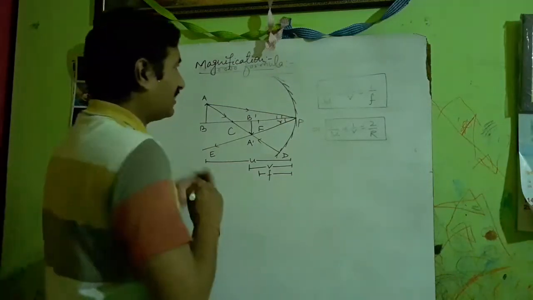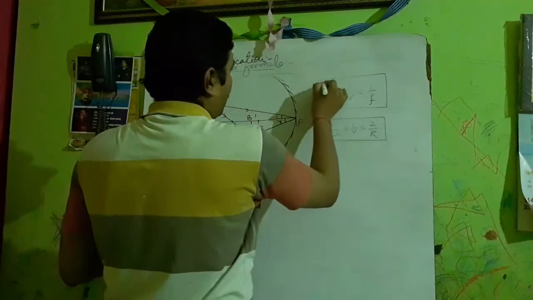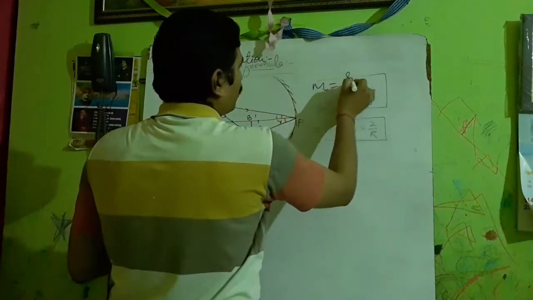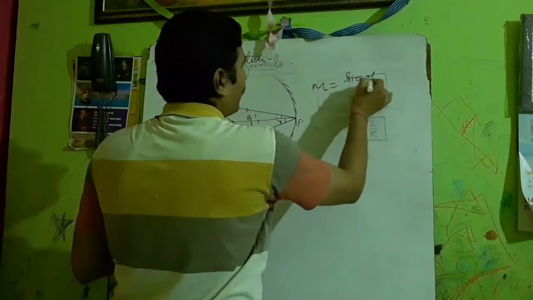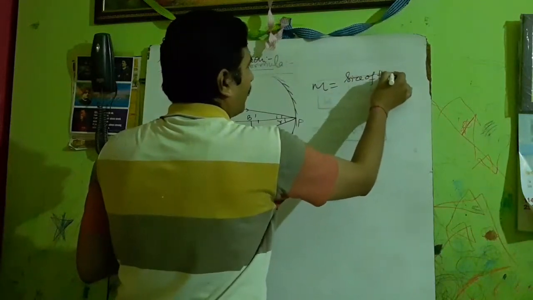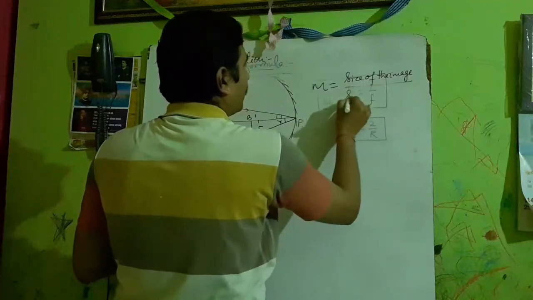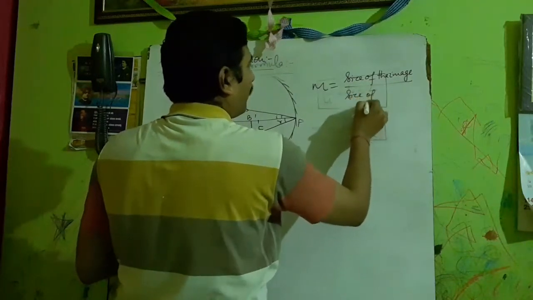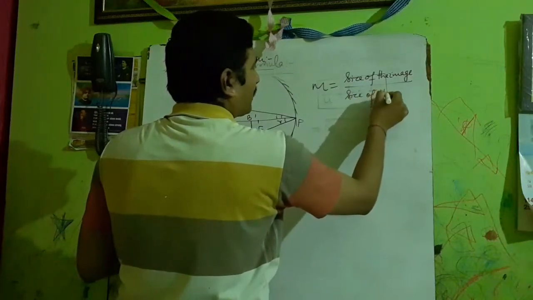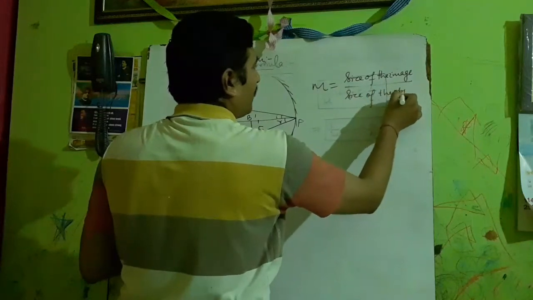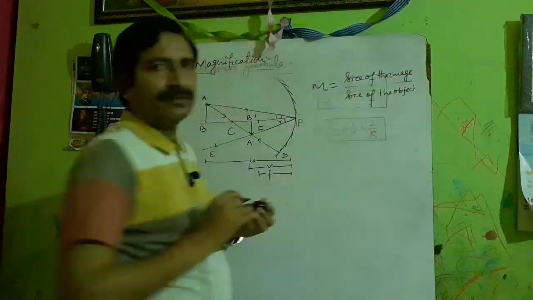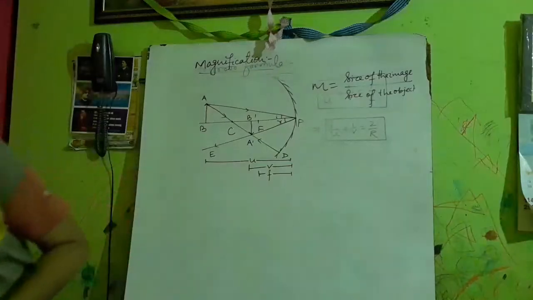Means magnification, which is denoted by M, is equal to the size of the image by the size of the object whose image it is. Size of image by size of object.